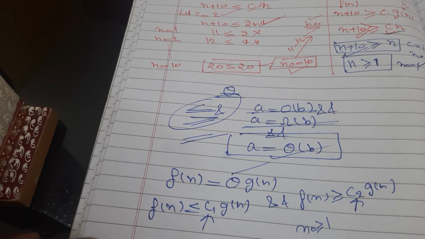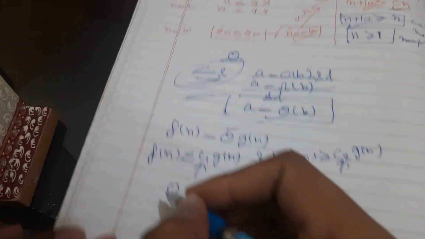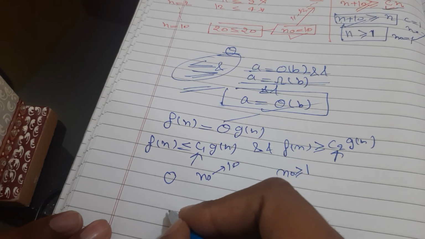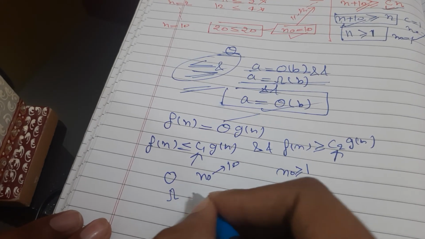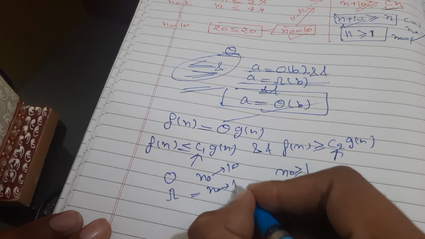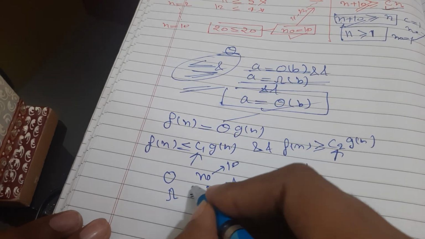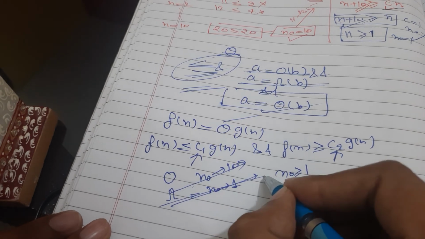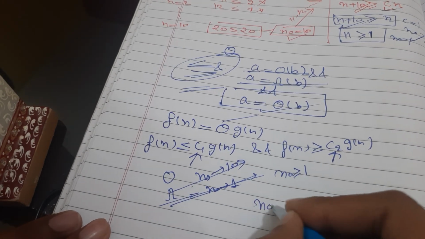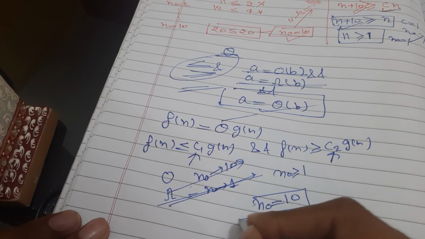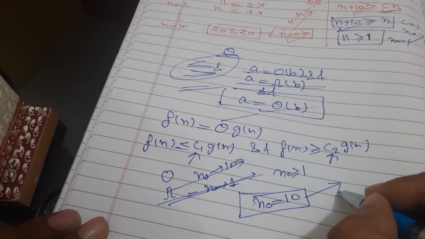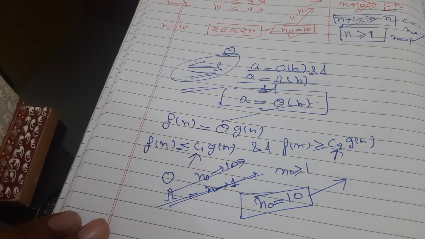Okay, so big O is possible when n naught is greater than or equal to 10. Omega is possible when n naught is greater than or equal to 1. So both go to one side. Okay, so theta is possible when n naught is equal to 10, so for values greater than n naught equal to 10, theta is possible.